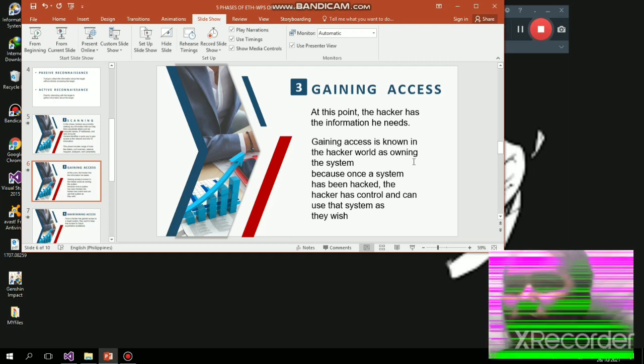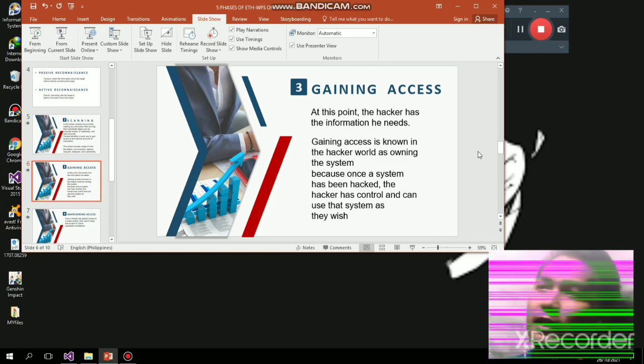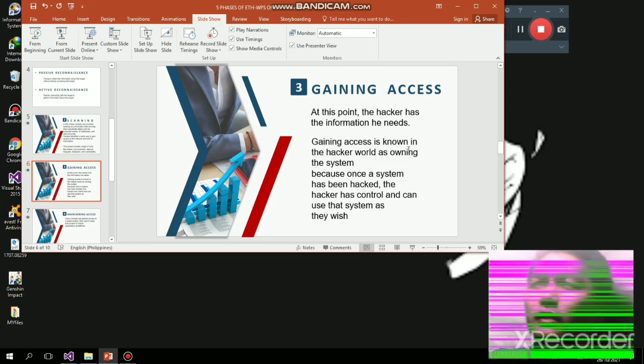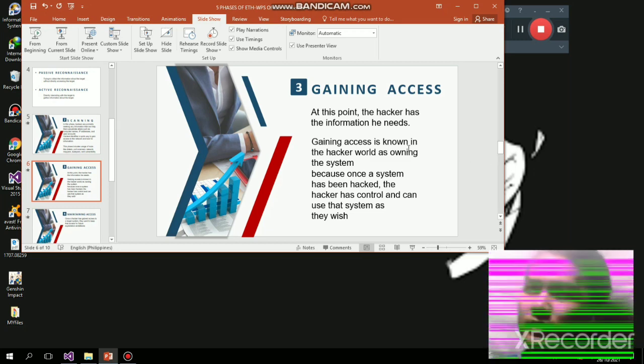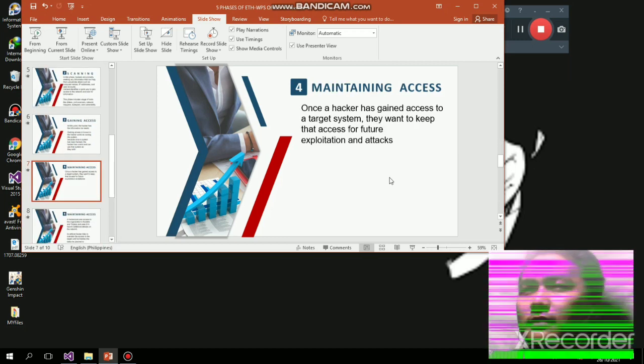Gaining access is known in the hacking world as owning the system, because once a system has been hacked, the hackers have control and can use that system as they wish. Once in phase 1 and phase 2 makita na nimo ang weak points or other vulnerability sa imong system, meaning dili na kamo attack sa the third phase. So there are such attacks used to own the system.